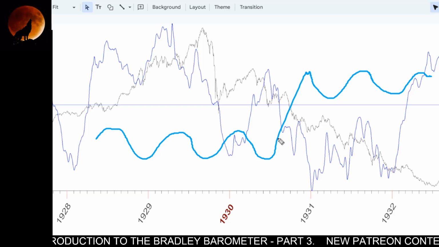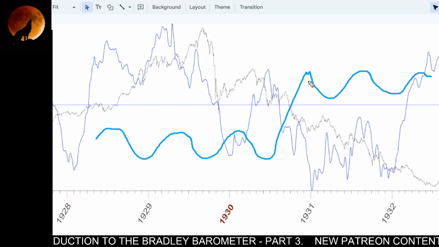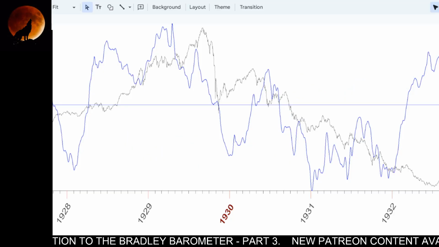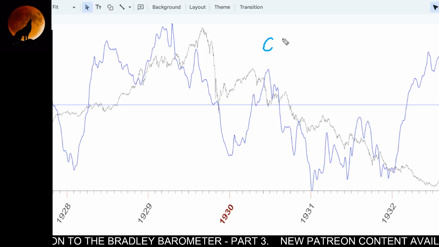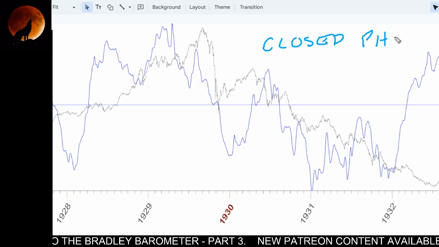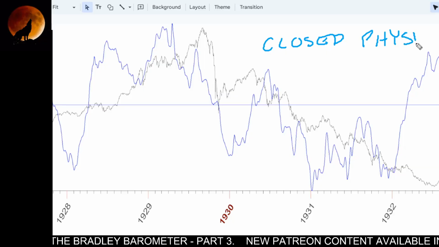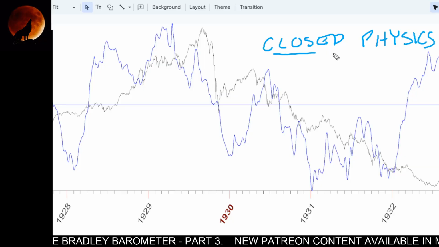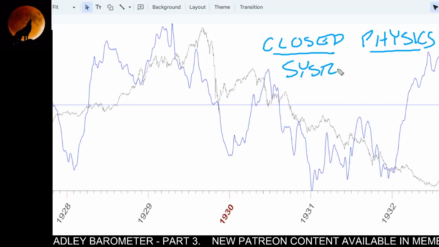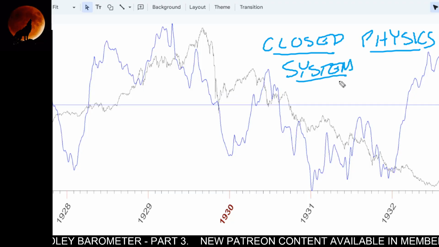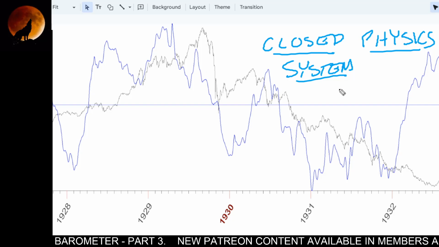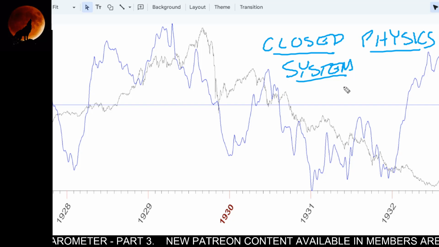It's just that there's such a powerful external influence. The Bradley is really meant to deal with what we would call a closed system. If we talk about this in physics, we talk about a closed system where no energy is entering or leaving. And so when we have this closed system, in physics, this is when we get conservation of energy. This is when we get, with no external forces, conservation of momentum.